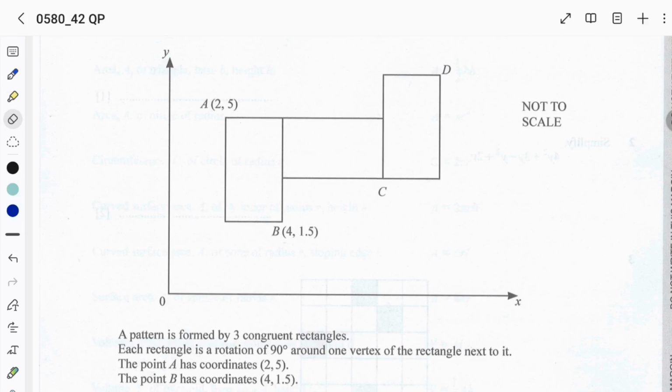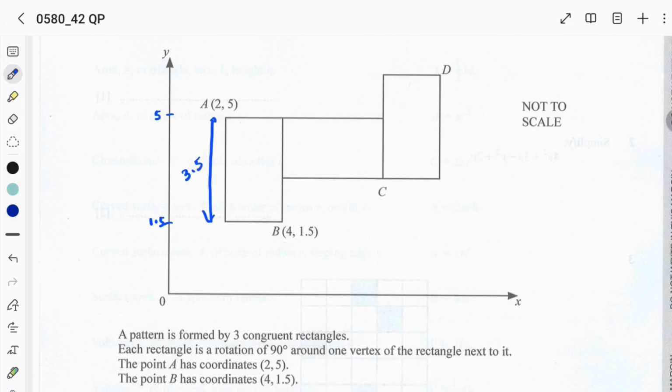They want us to work out, so it means that we cannot rotate like that. Right now we can see they have made the x and y axis also. Here the y number is 5 and here the y number is 1.5. It means for this rectangle we are going to find the length and width. The total will be 5 minus 1.5, that equals 3.5.